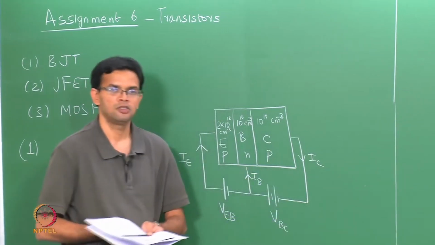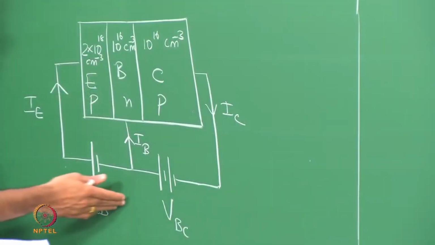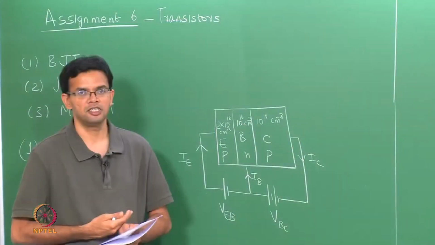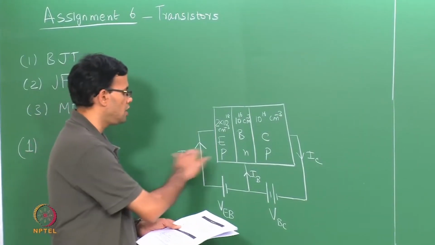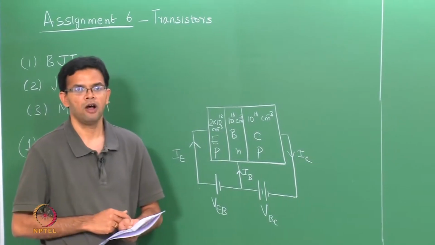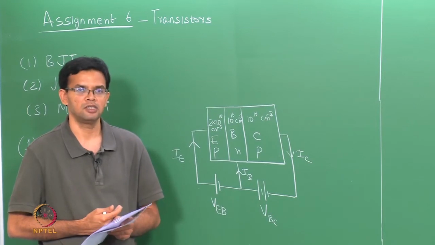Some of the holes which move into the base and get recombined are essentially replenished by the external circuit, and that forms the base current. So, this is just a simple schematic of how a PNP or bipolar junction transistor works in your common base mode.